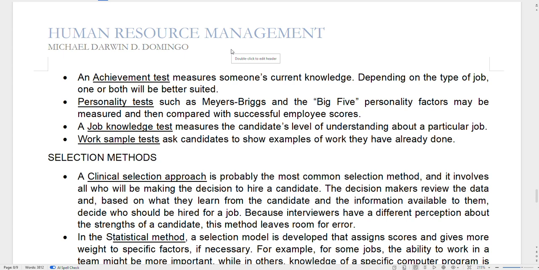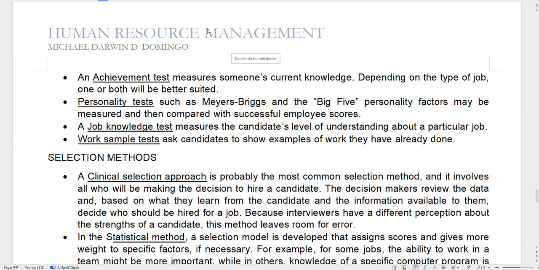An achievement test, personality test, job knowledge test, work sample test, lahat ng ito guys ay pwede mong gawin. Okay, bakit? Kasi yung itetest mo naman, multiple choice. So, okay lang. Okay, yeah. So what are those selection methods? So we have first clinical selection approach.